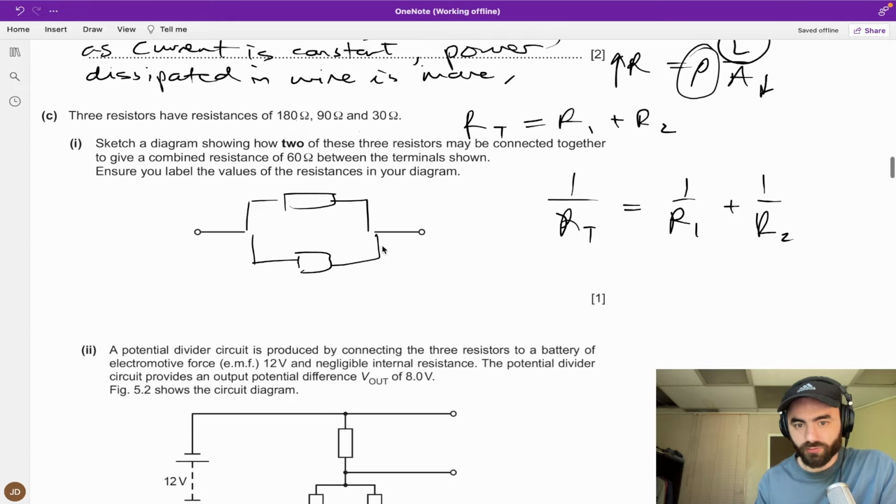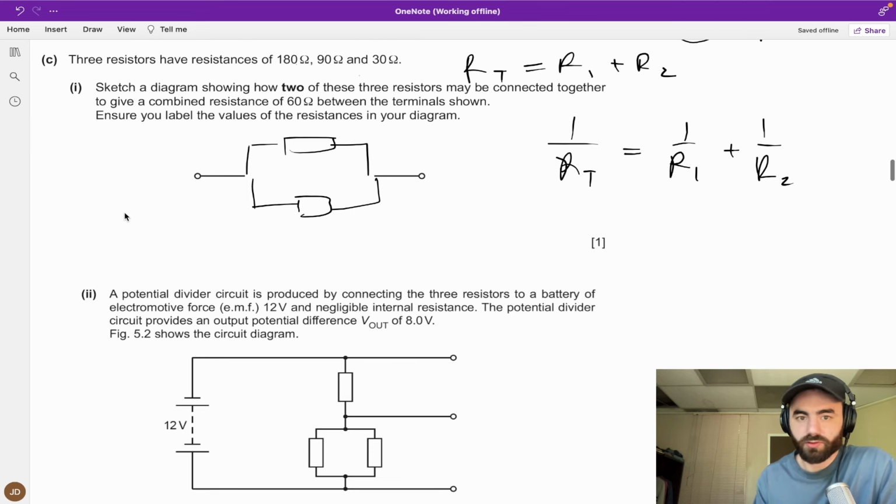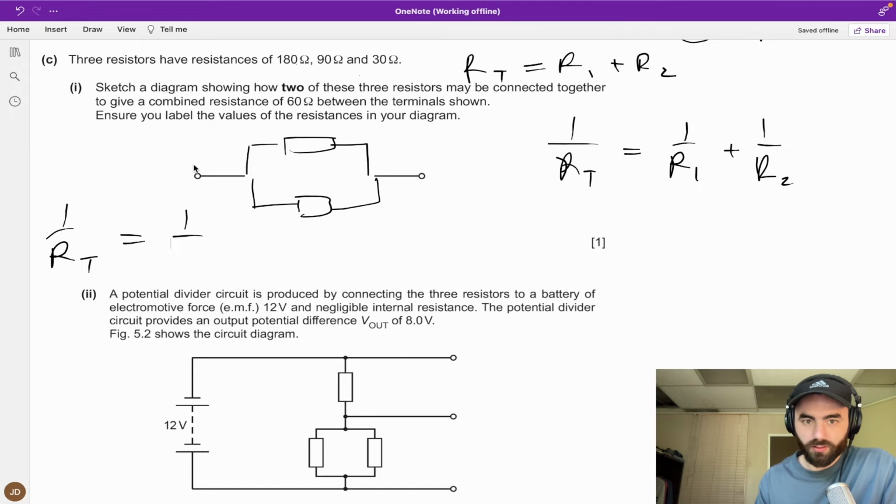And so how can I add 2 resistors together to get 60? We just need to think about it. R total, well, I'm going to guess it's 1 over 90 plus 1 over 180.